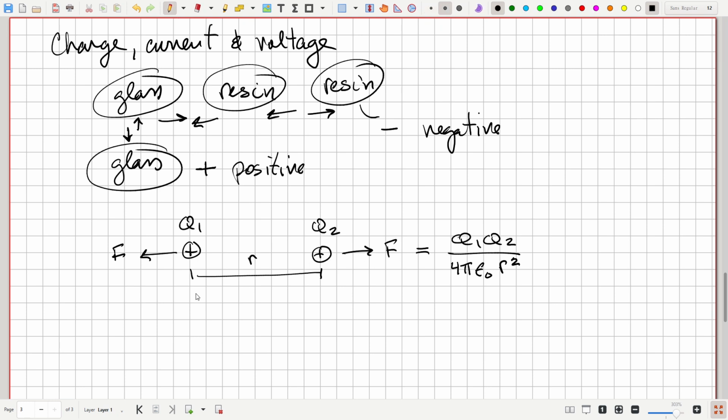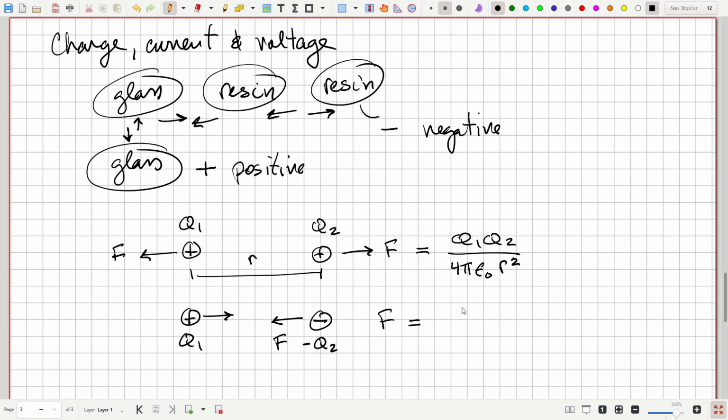Now, if on the other hand you had a positive charge Q1 and a negative charge Q2, well, then this force would be attractive, right? And so the force would go in this direction, and we would write the force as, let's explicitly put a minus sign here, so all the Q's are positive, and then a negative charge would have a minus sign explicitly.